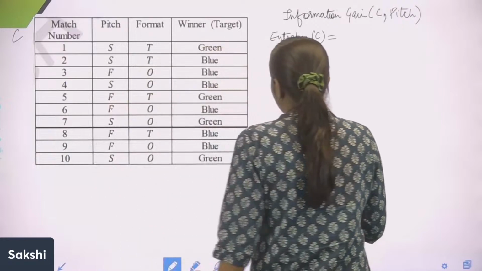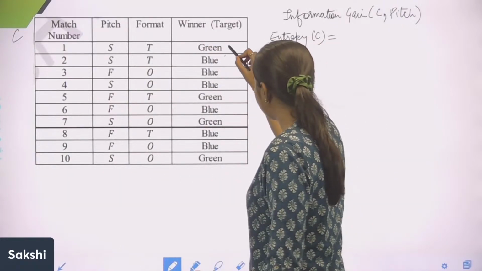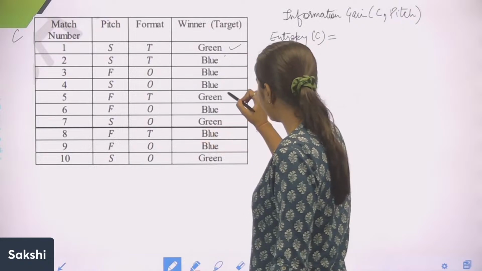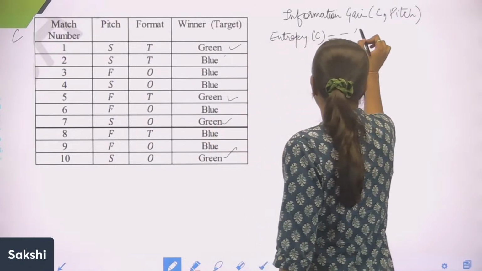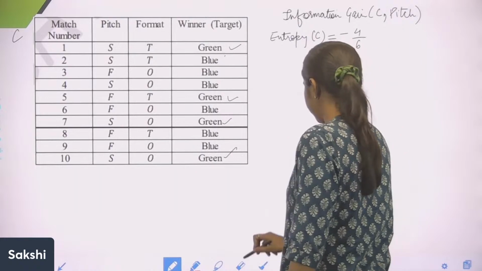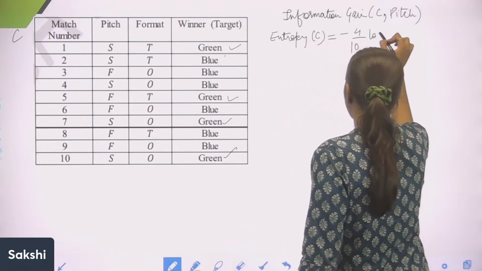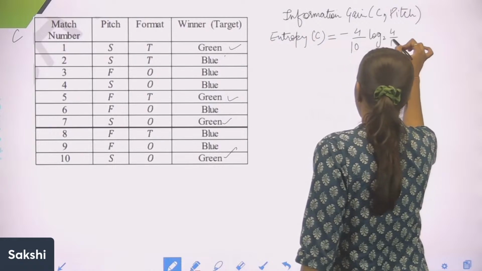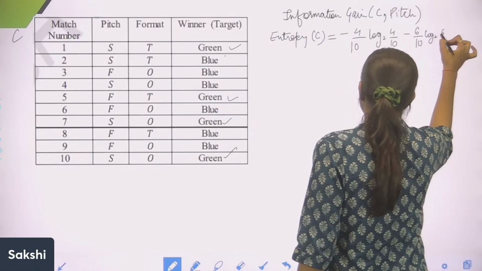Entropy of C. We have two classes here, green and blue. Out of 10 examples, we have 4 green and 6 blue. So what would be the entropy? Minus 4 by 10 log to the base 2 of 4 by 10, minus 6 by 10 log to the base 2 of 6 by 10.